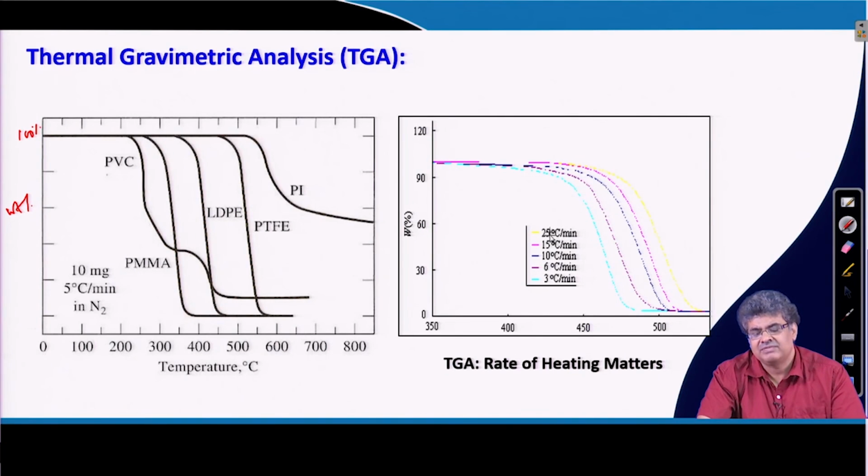So if we heat faster, then the TD half or TD onset we find is a little higher. Generally we heat the samples at around 10 degrees centigrade per minute to have a balance. If we heat too slowly, the experiment takes much longer, which we cannot afford all the time. So generally we use about 10 degrees centigrade per minute as the standard heating rate to find the thermal stability.